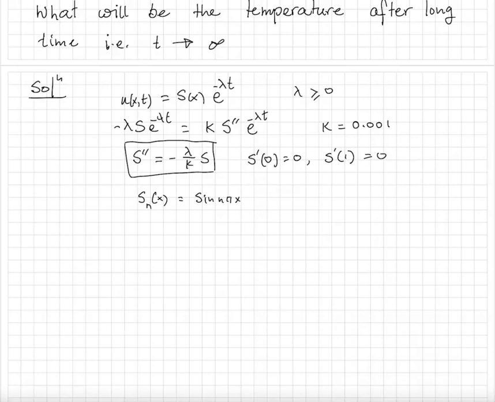So sine n pi x, one sine wave for n equals 1, and multiple sine waves depending on the value of n. Or cos n pi x.